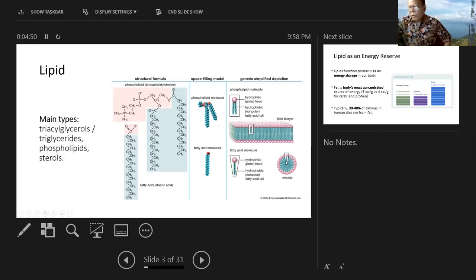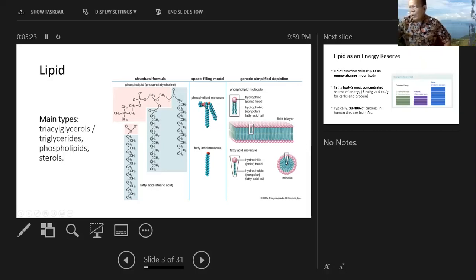Then if we see the space-filling model of this lipid, we can see this phospholipid molecule. This phospholipid molecule consists of these two fatty acid groups, this one is a phosphate group, and this one is the glycerol moiety. On the downside is a fatty acid molecule.